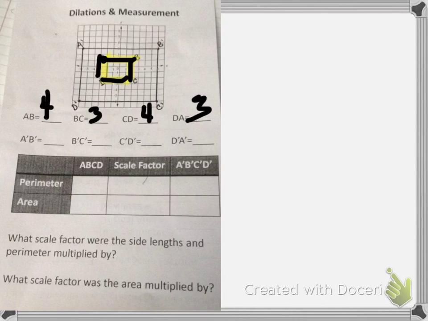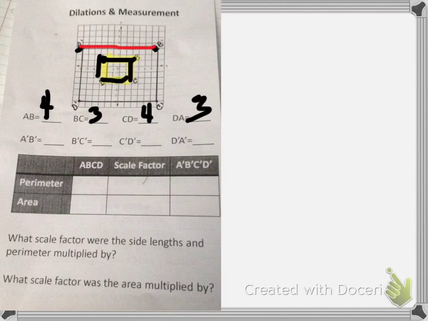After that, now we'll go to AB prime. This is the new rectangle that's larger than the other one. We need to see how many units long that one is. If I look from A to B and count all the way over, I'm going to get something different. It's a little longer.